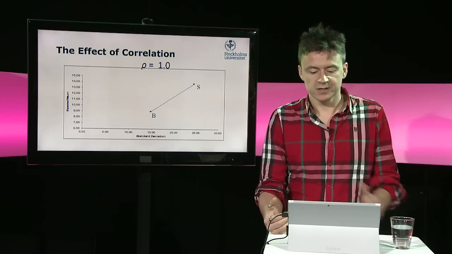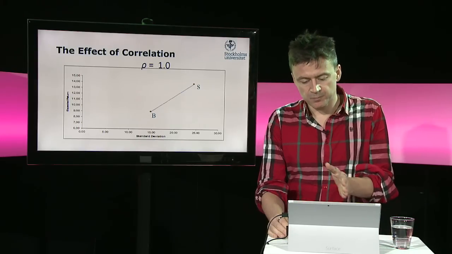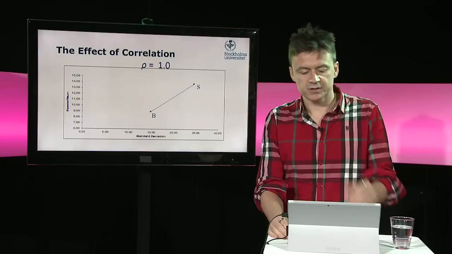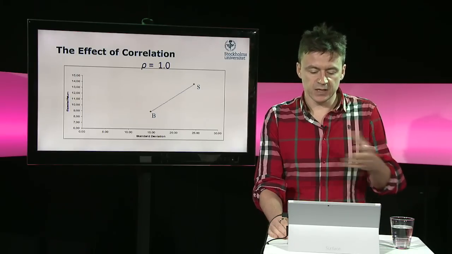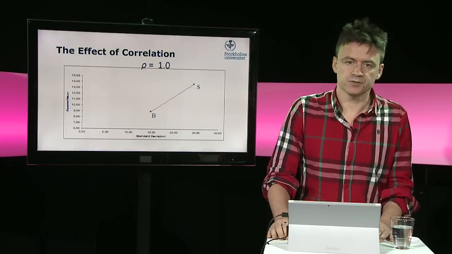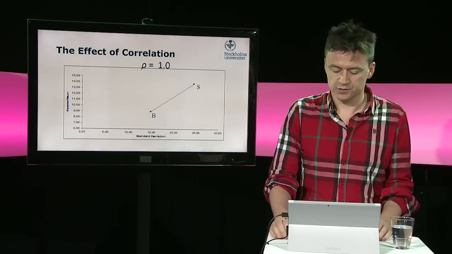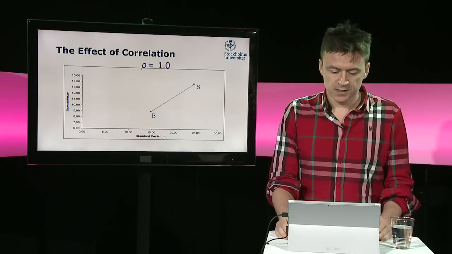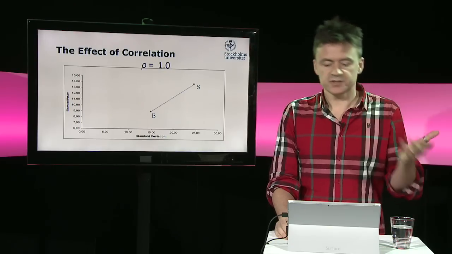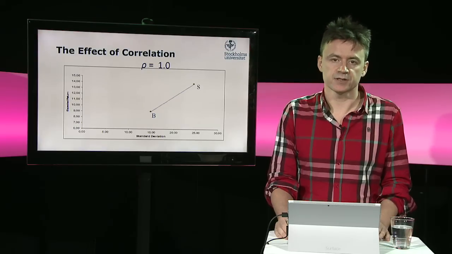In other words, in this case, the line giving us the pairs of expected return and standard deviation is not a curve that bends to the left. However, this is an extreme case, and in reality is hardly ever the case.